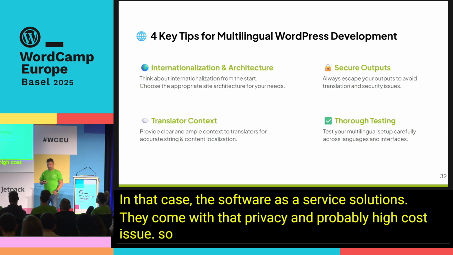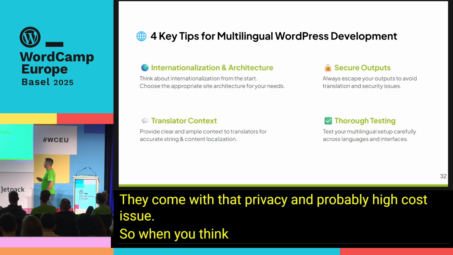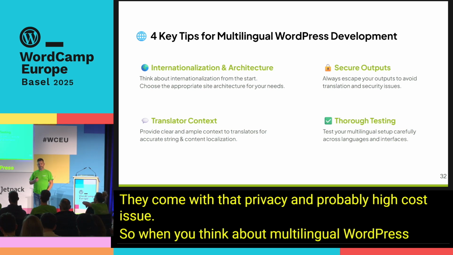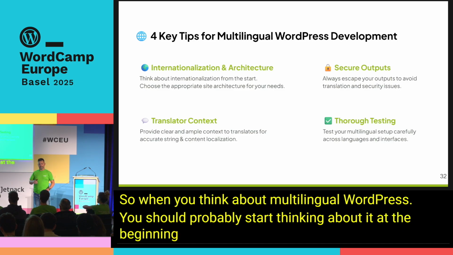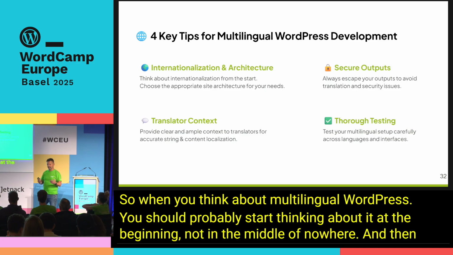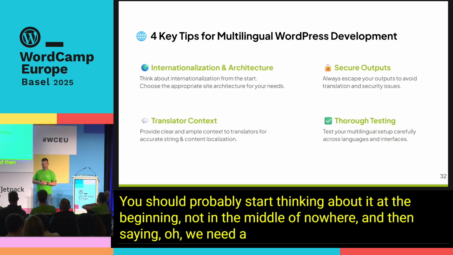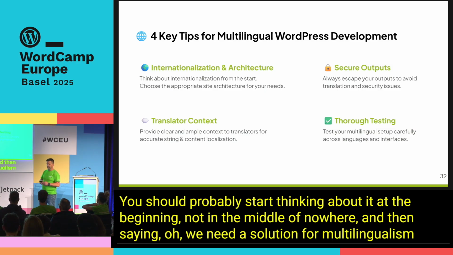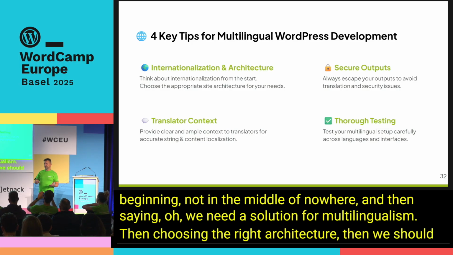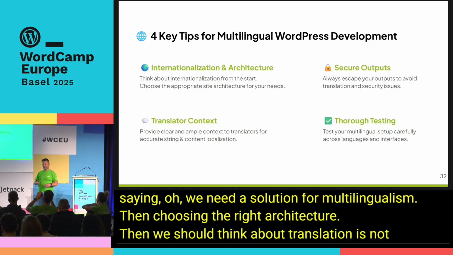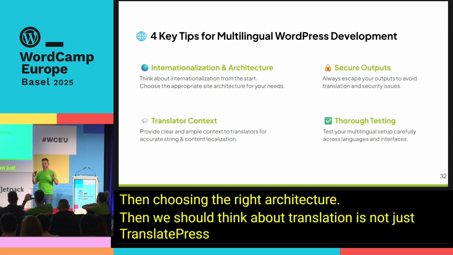So when you think about multilingual WordPress, you should start thinking about it at the beginning, not in the middle of nowhere, and then say, oh, we need a solution for multilingualism. Then choose the right architecture. Then we should think that translation is not just translating and then we are done.